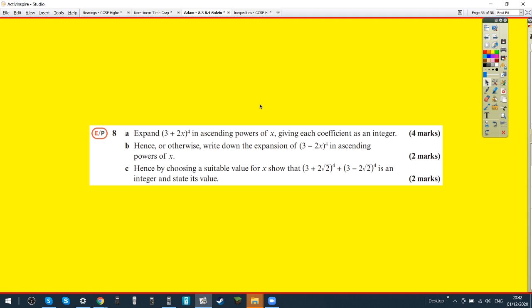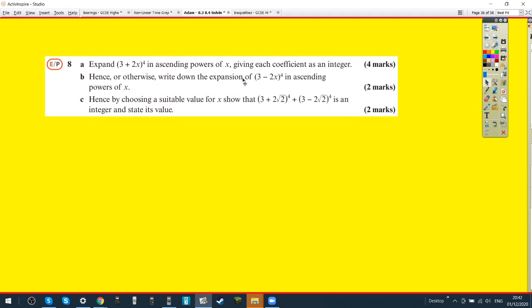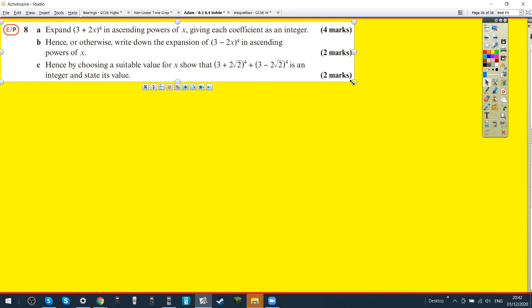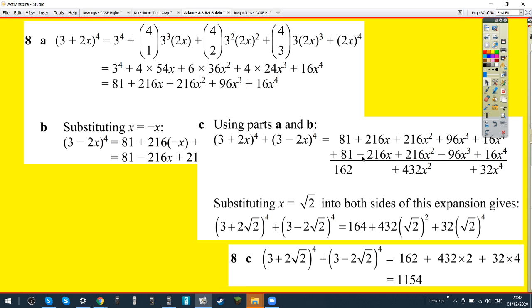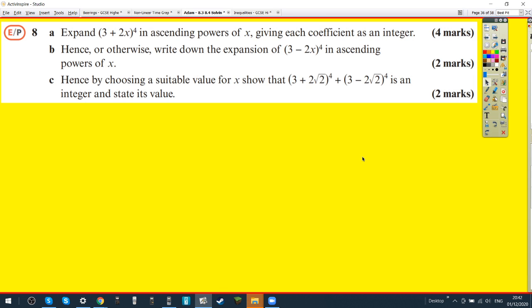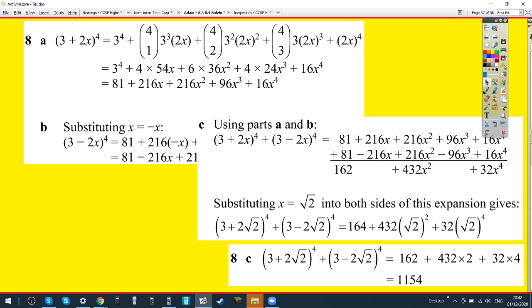I see square roots. What is this malarkey? Show that this one. Okay. Ah, yeah, I thought so. X equals root 2.